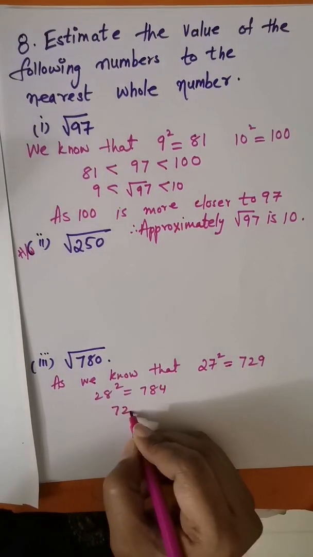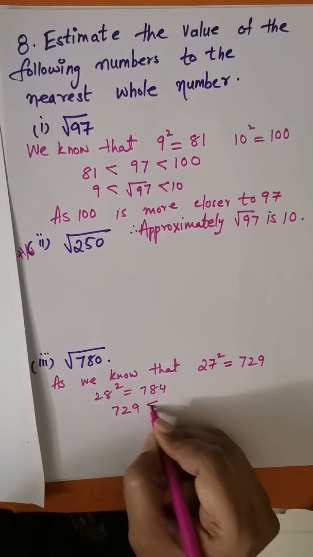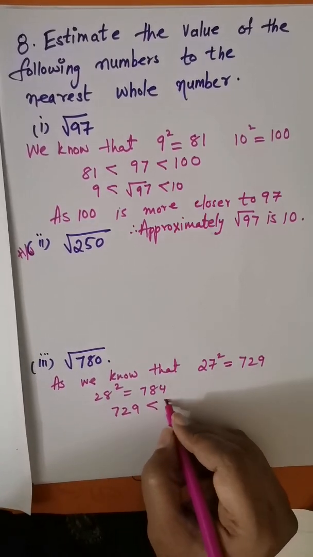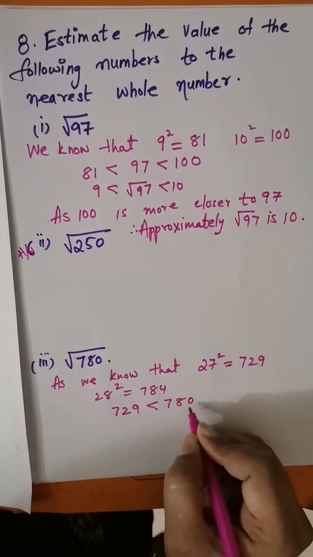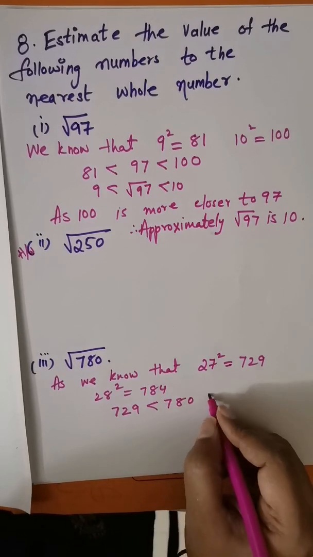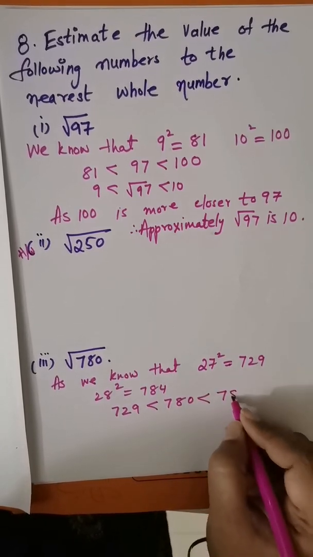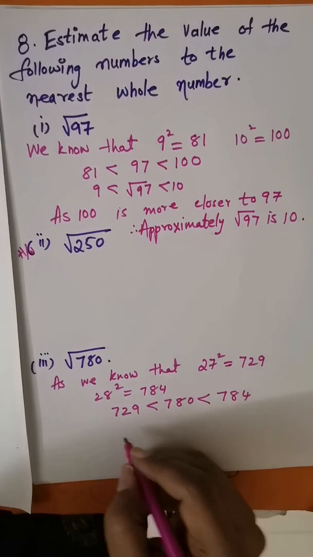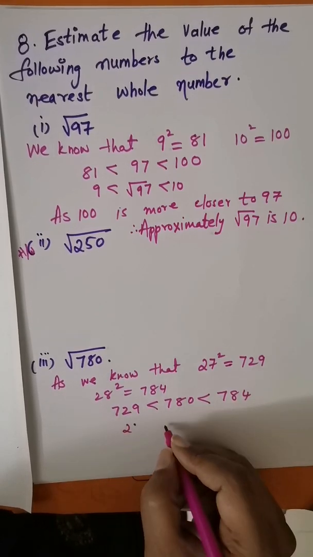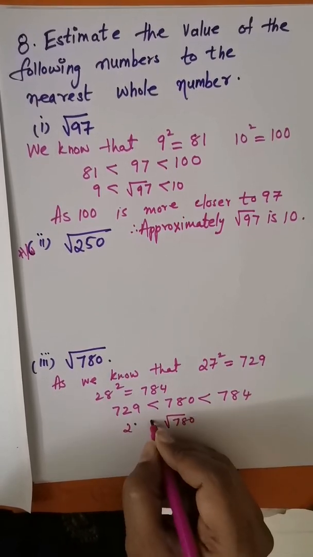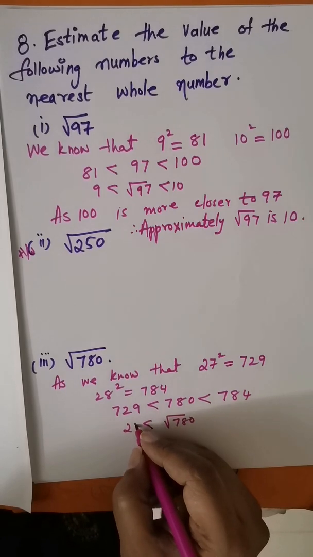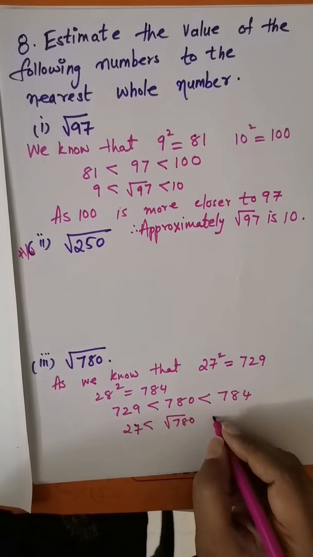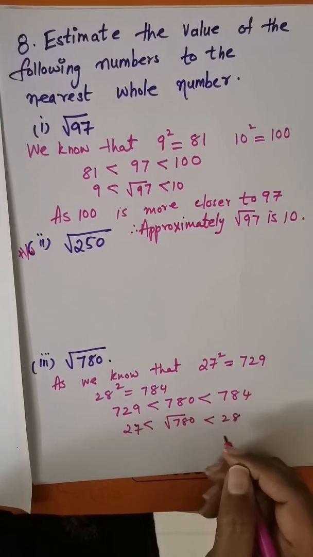780 is more than 729, and it is lesser than 784. That is, root of 780 is more than 27 and less than 28.